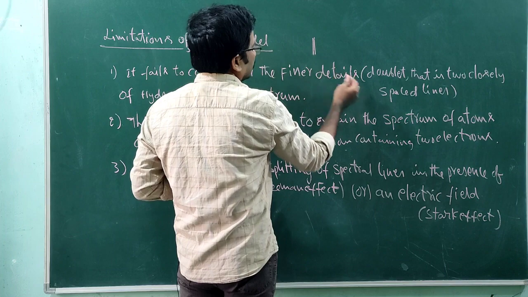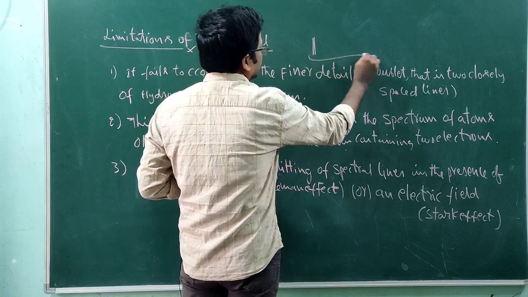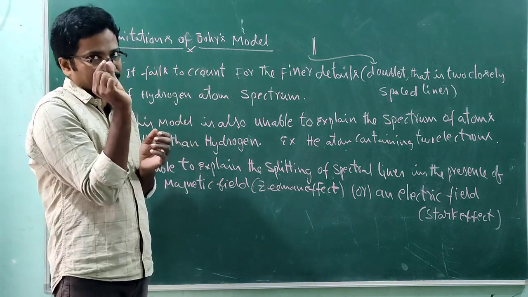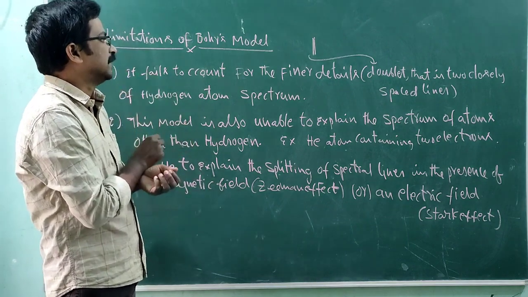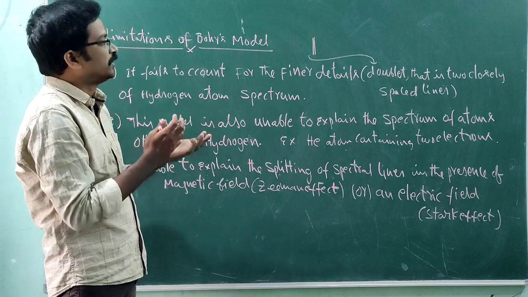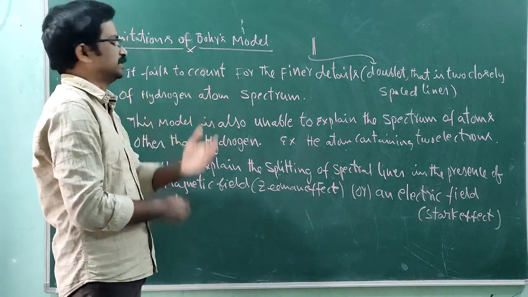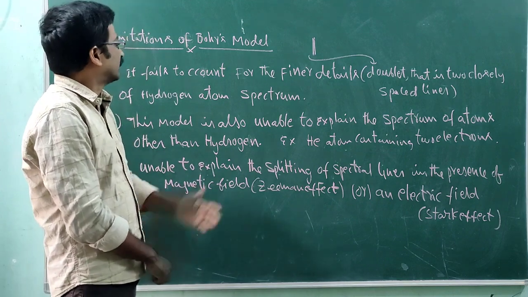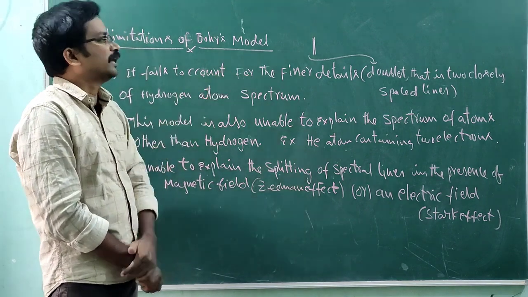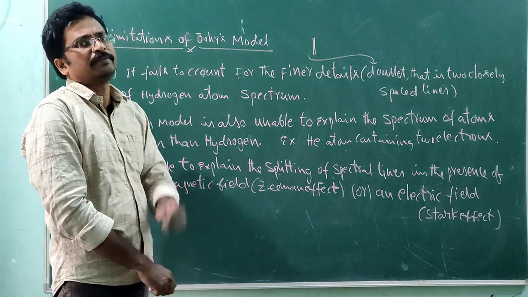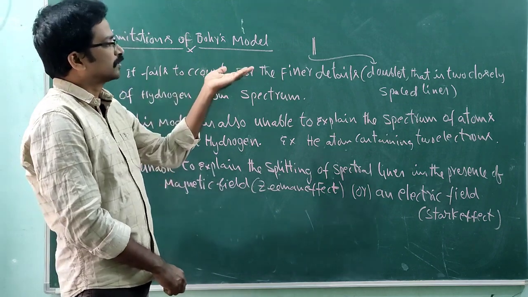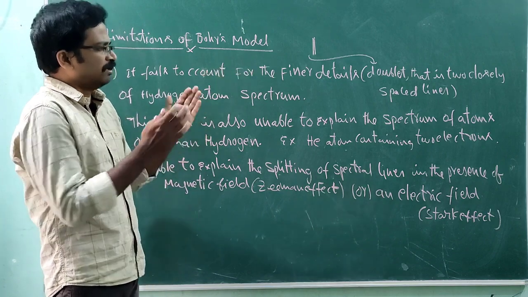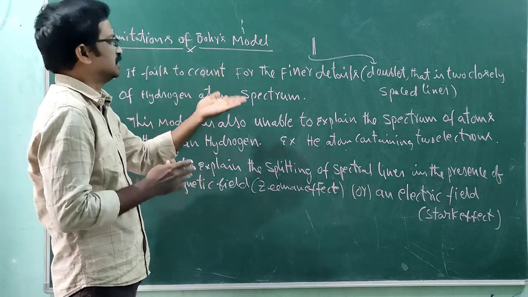Normally this is known as a doublet. Two lines that are very close together we call a doublet. This type of detail cannot be explained by Bohr theory. Bohr theory cannot account for finer details, meaning very minute details regarding doublets, the closely spaced lines in the hydrogen spectrum.